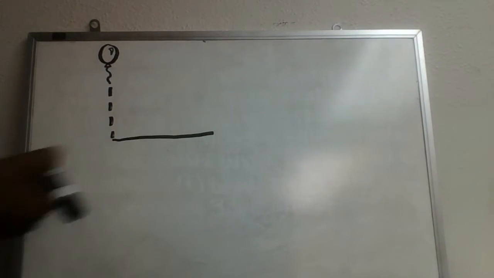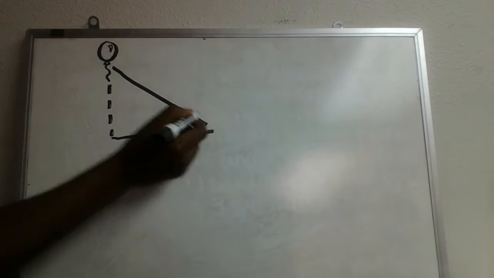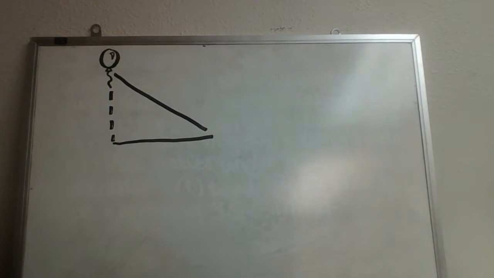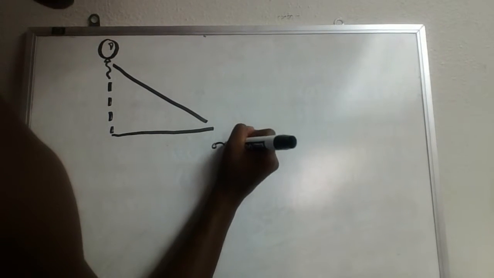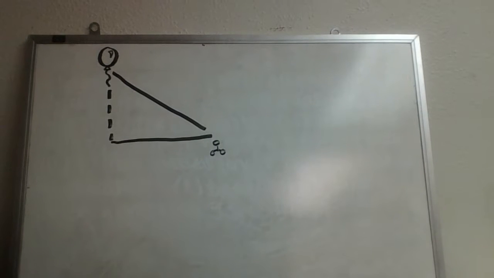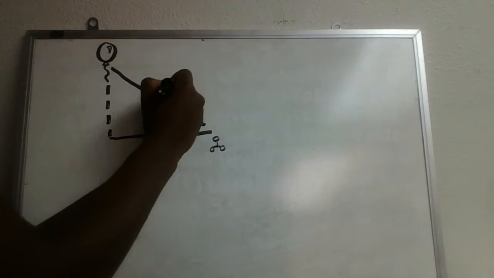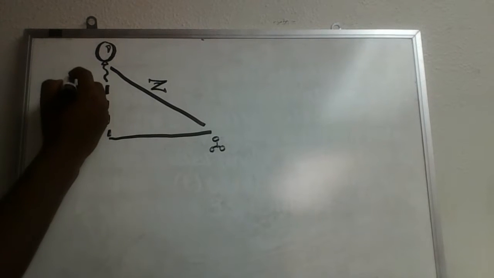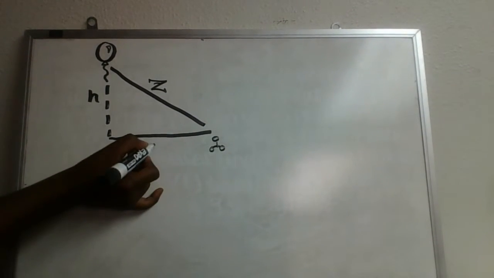The bike is down here, and then this is what we're going to be finding. Here I'm just going to draw a little bike. It's not really a good drawing, but it will do. There we go. What we're looking for is, I'm just going to label each side. So this is going to be Z, this is H, and this is B.